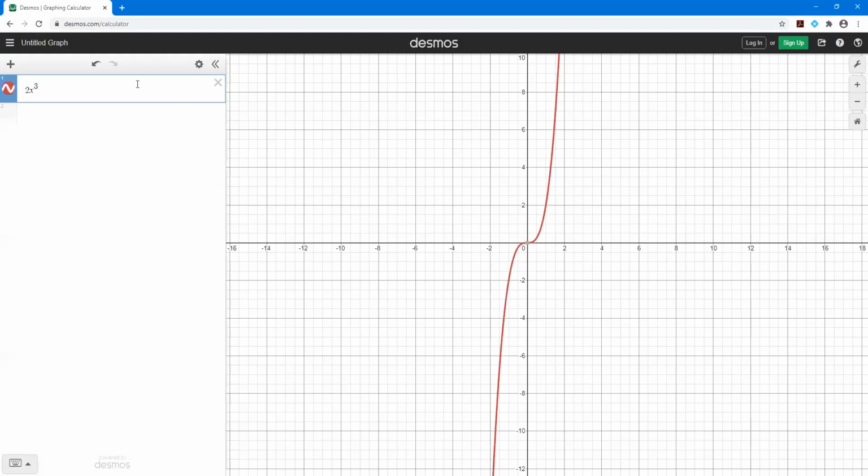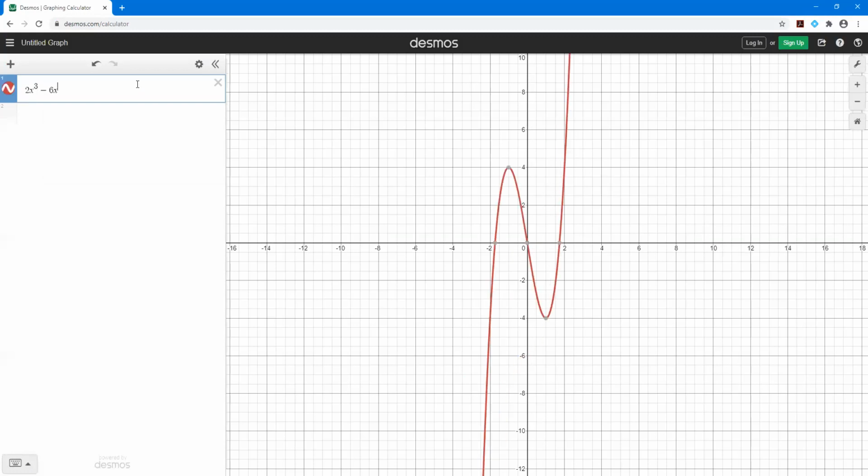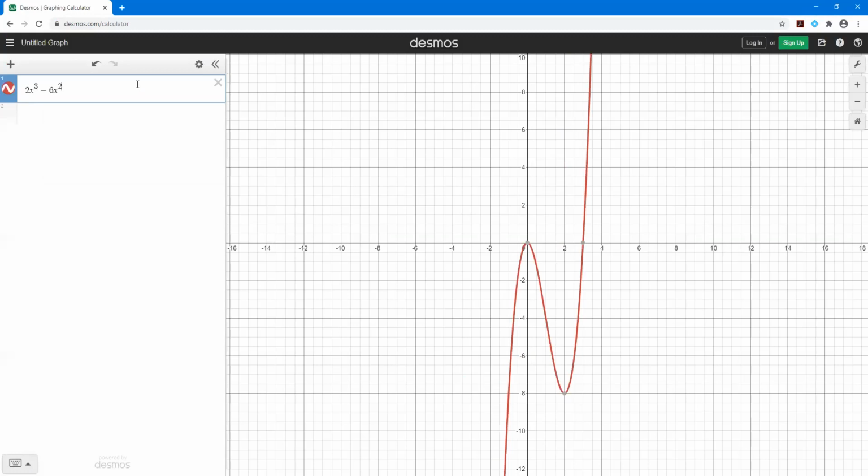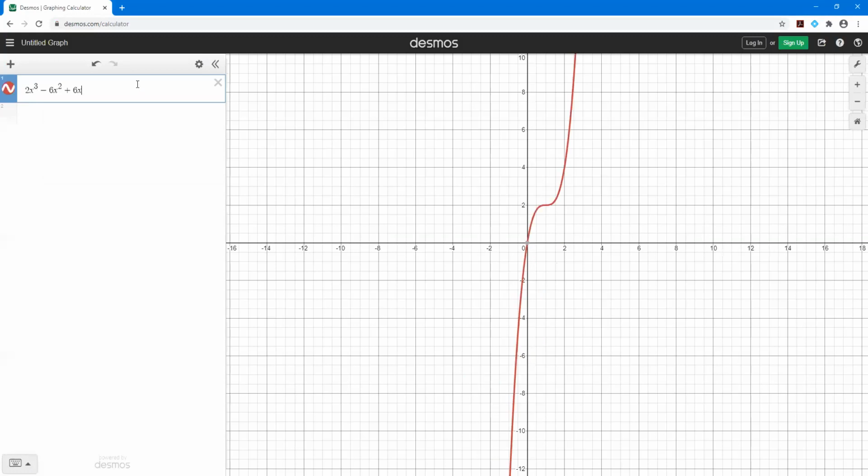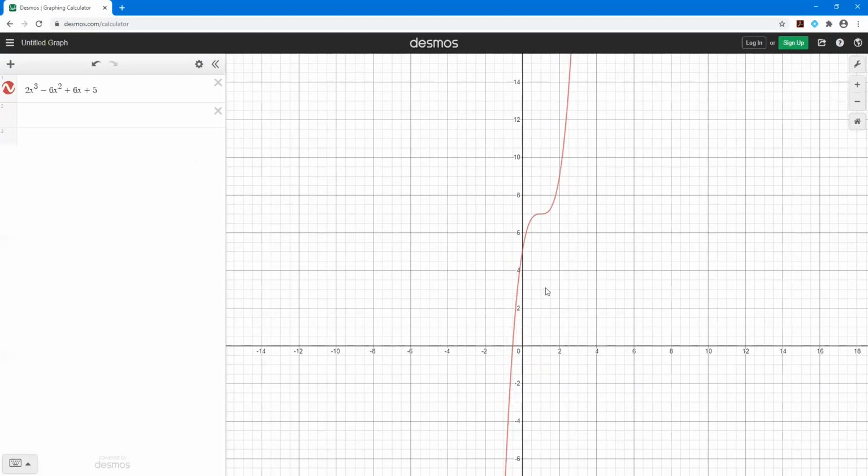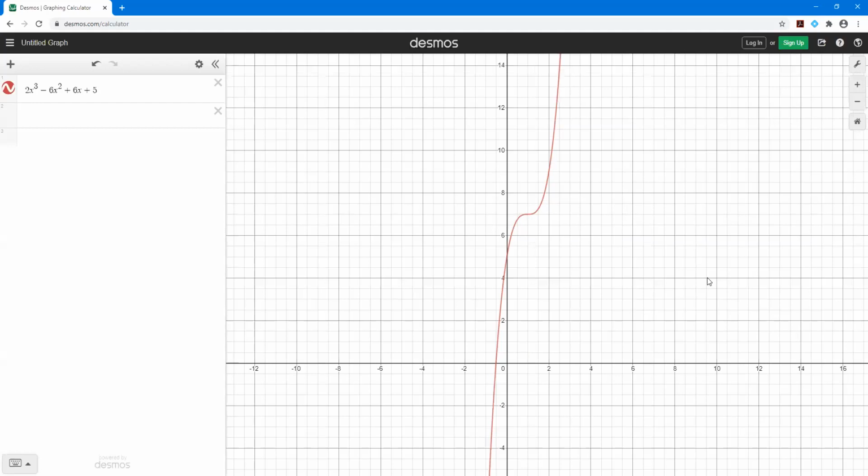Two x cube minus 6x square plus 6x plus 5. See, this is the graph. Can you see?